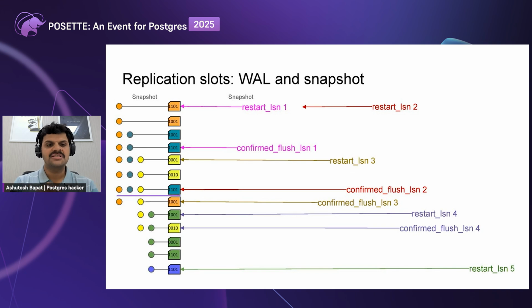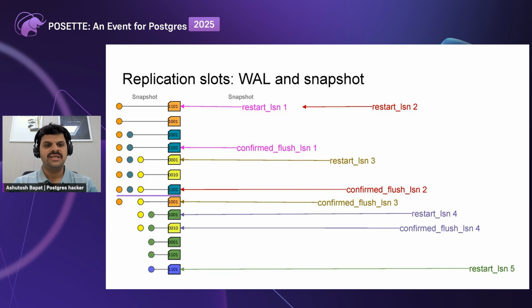Now we see the first commit record, which corresponds to the commit of the blue transaction. And let's assume that the downstream sent a confirmation that it has received and applied the commit record of the blue transaction. So one transaction was committed and it need not be sent again.